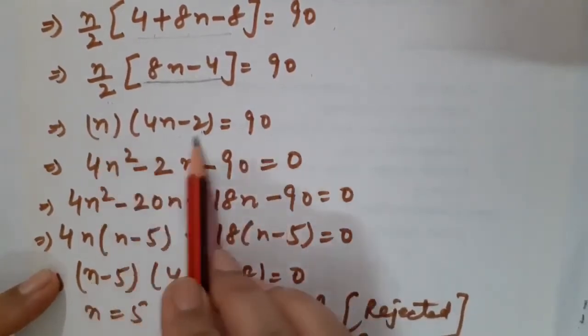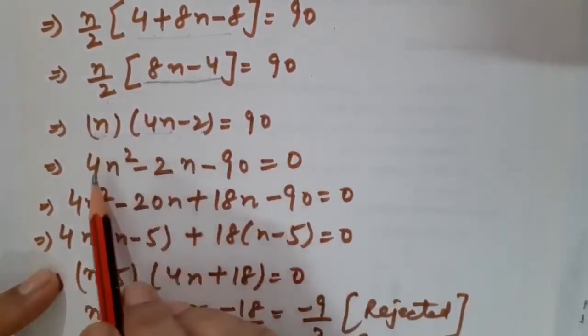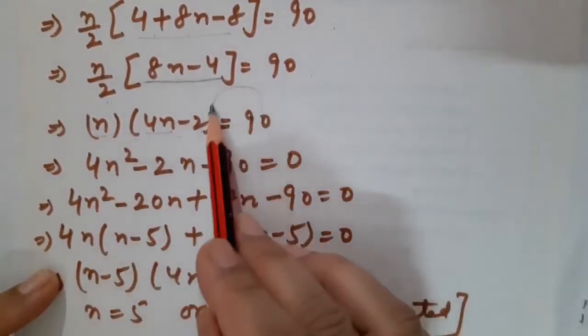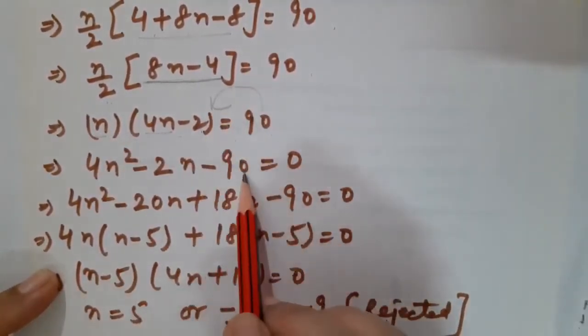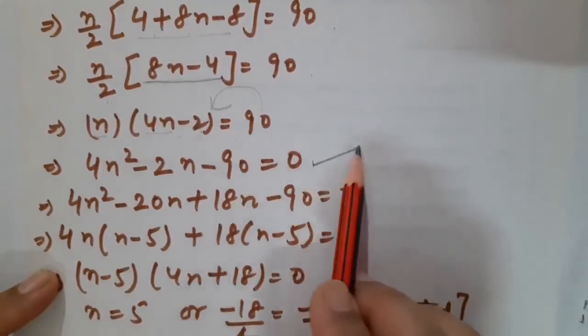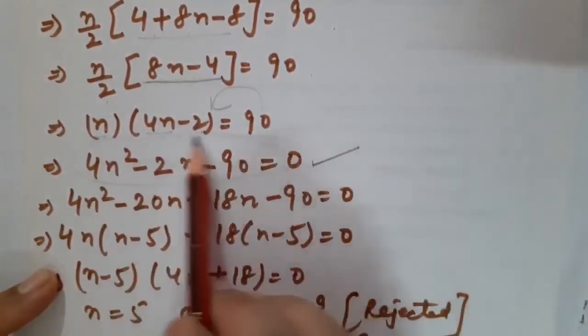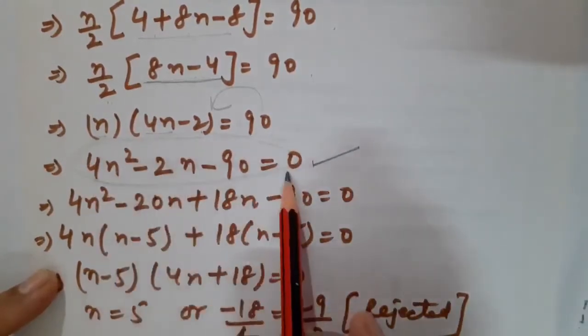Correct? Solve them. 4n into n will become 4n square, minus 2 into n will become 2n, and this 90 I am bringing on the left hand side, that is minus 90 is equal to 0. Please observe this. What is this? This is a quadratic equation in the variable n.